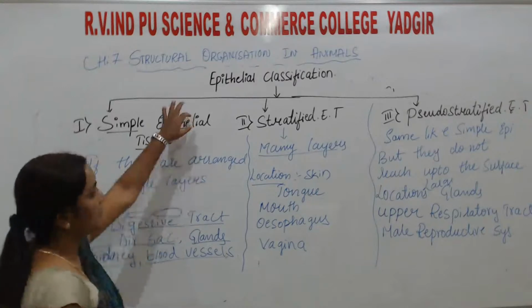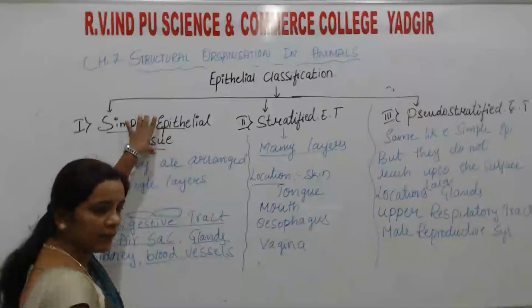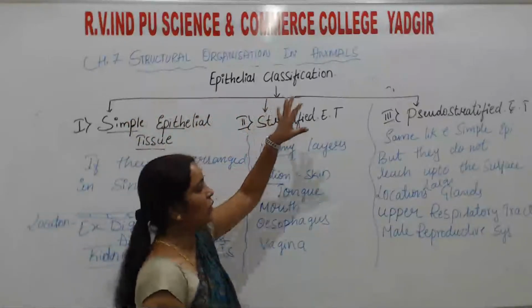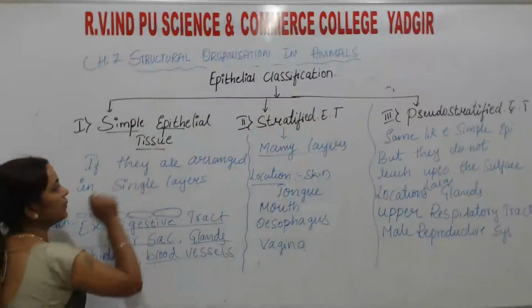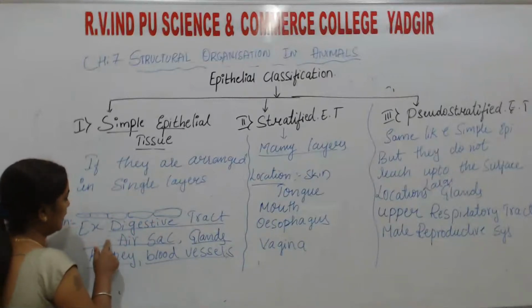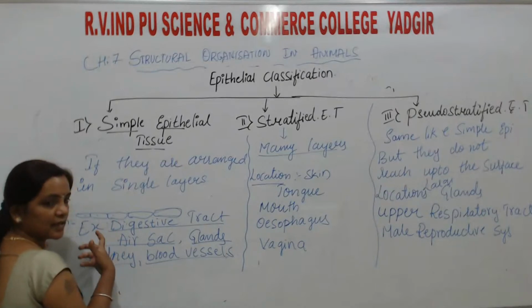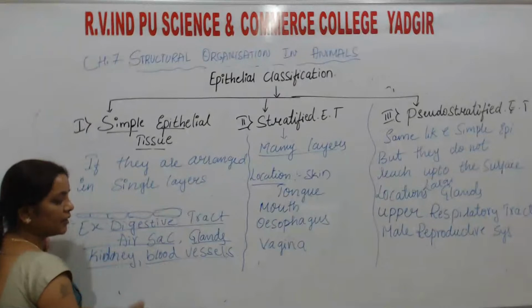Understood? Epithelial tissue is again classified into simple epithelial tissue, stratified epithelial tissue, pseudo stratified epithelial tissue. Simple epithelial tissue, if they are arranged in single layer, then we can see the location: digestive tract, air sacs, that is in the lungs, glands, kidney, blood vessels.